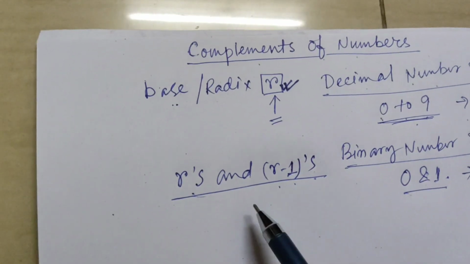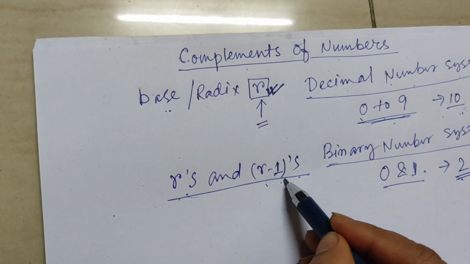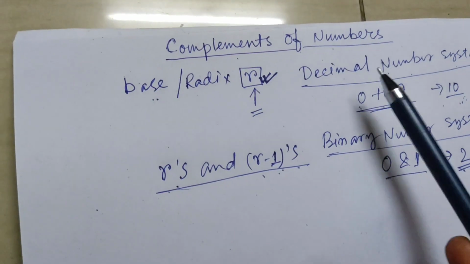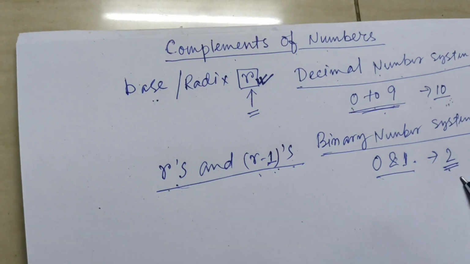So how to identify the r minus 1's complement? As we know, for the decimal and the binary, the base or radix are 10 and 2.